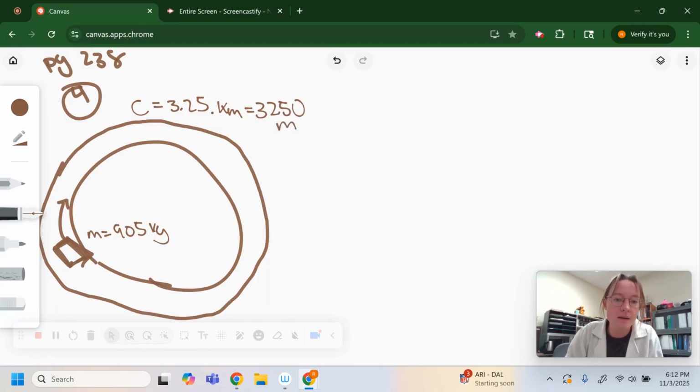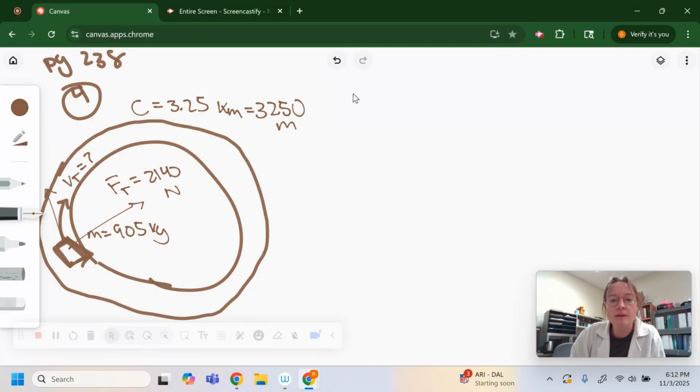I moved that decimal place over 3 times. Then it tells us that the centripetal force this car is going to experience, which is most likely the force of friction between the tires and the road, is 2,140 newtons. And it asks us, what is the tangential speed of the car?